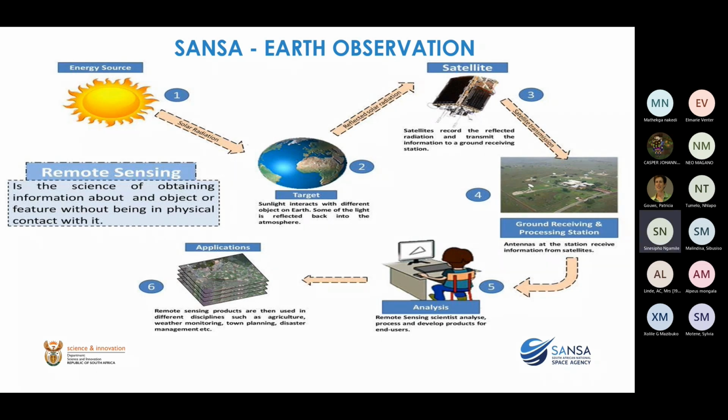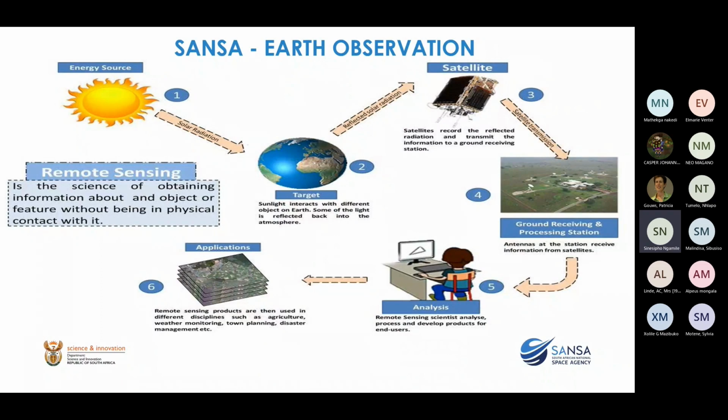So this is how Earth observation is done, where the sun interacts with the Earth's resources, and then that radiation from the sun is reflected back into the atmosphere. Then the satellite will record that reflected radiation and will transmit that information to a ground receiving station. From there, it will go through analysis or processing. That is when remote sensing scientists are involved.